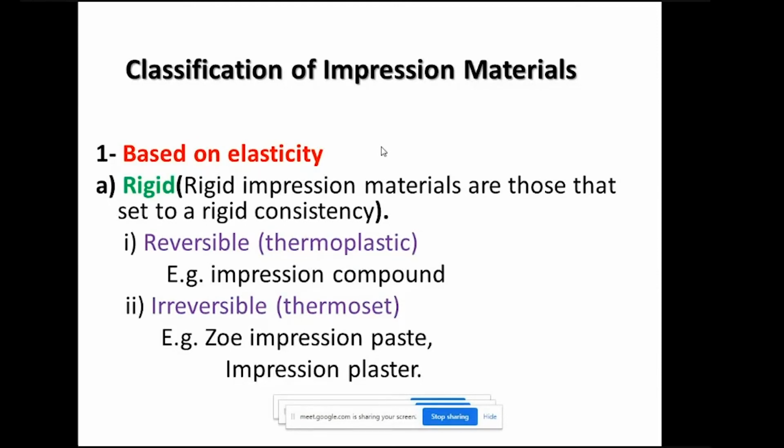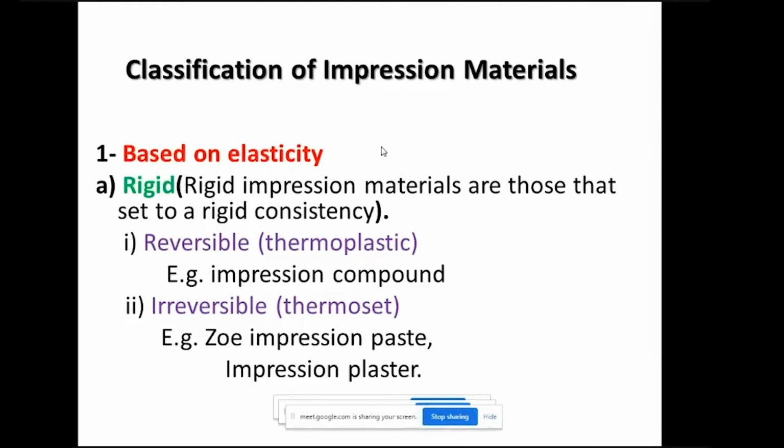While the second rigid material type is irreversible. Irreversible, how? It works by chemical reaction. Zinc oxide eugenol impression paste or impression plaster. Two examples.